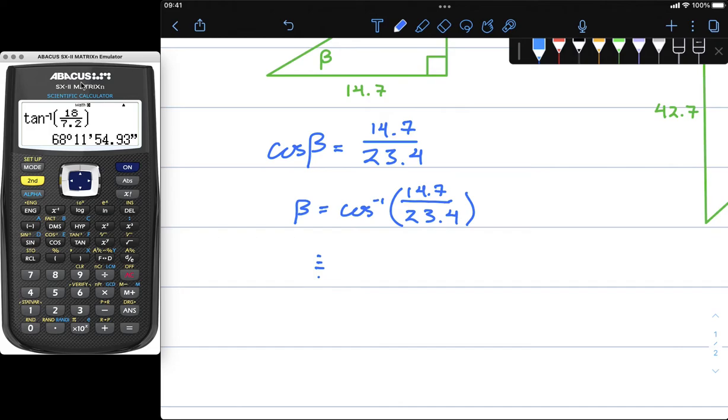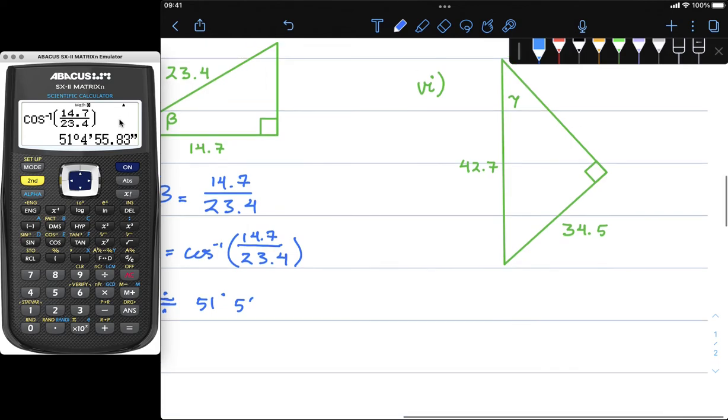So beta is approximately, so shift cos of 14.7 over 23.4. Closing our brackets, rounding to the nearest minute. So this is approximately 51 degrees and 5 minutes.